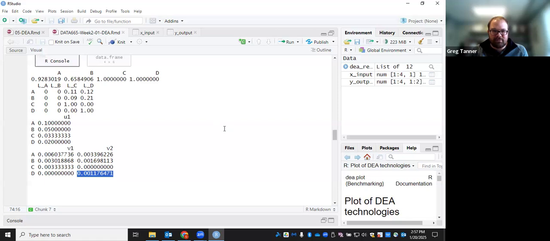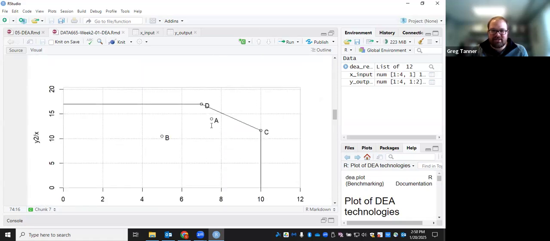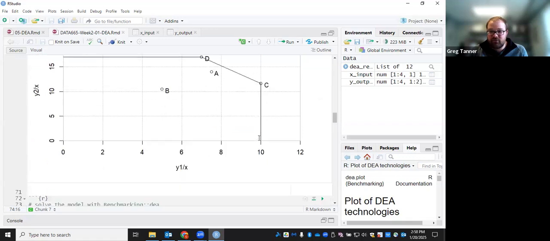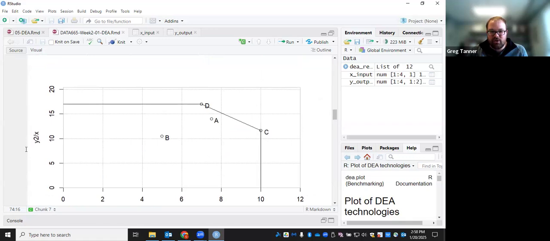And so looking back up on this, you can see that C has the best ratio of output 1 to input. So it's the farthest to the right. DMU D has the best ratio of output 2 to input. It's sort of the highest up vertically. And so that's why they rate those as each of its most important outputs.